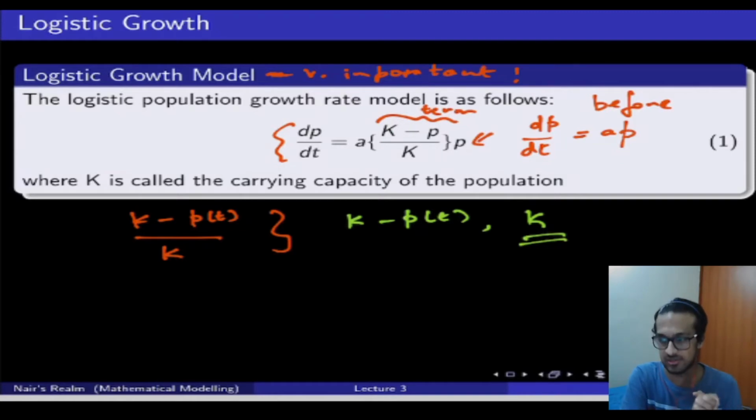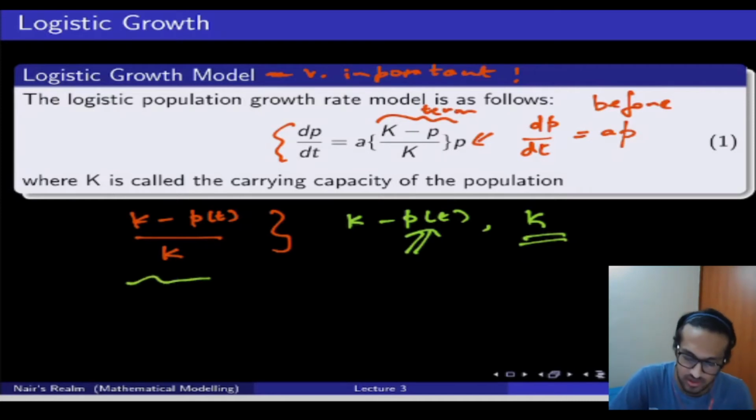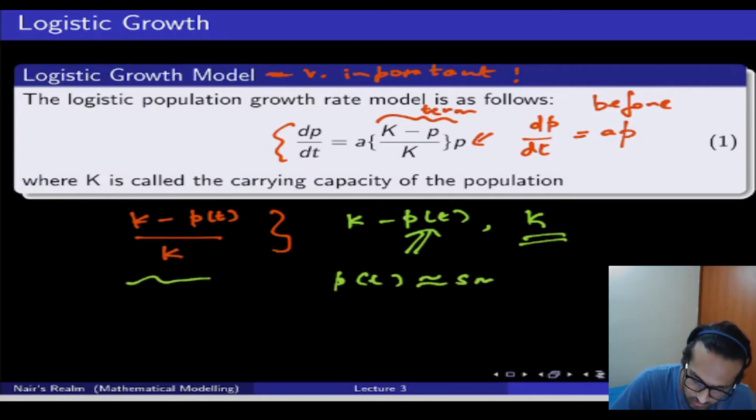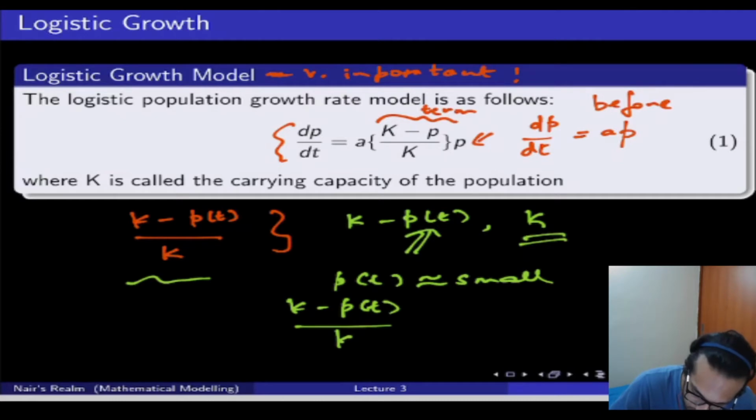So when P(t) is a very small number, right? When the population growth has just started, this effect is almost negligible. So when P(t) is small, then (K - P(t))/K is approximately 1.